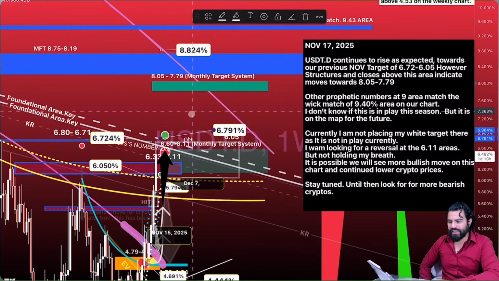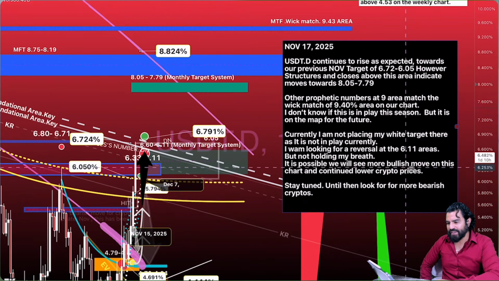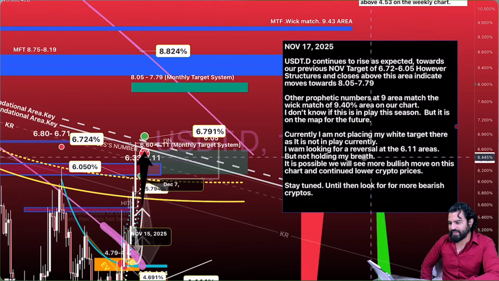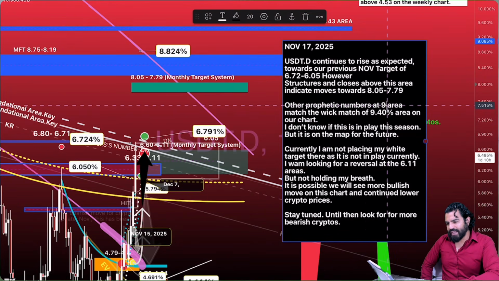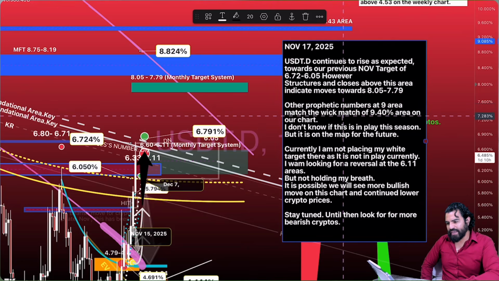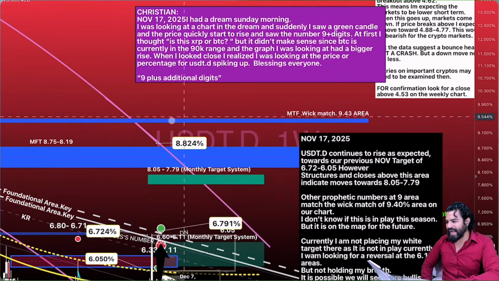I pay attention a lot when her numbers match up with our map. It gives a little bit of confidence because it tells us that may be the season for the time those things most likely happen. Our prophetic numbers at the 9 area match a 9.05 area on our chart also, and that's going to be closer to our higher numbers.